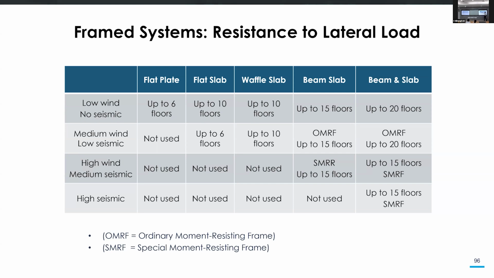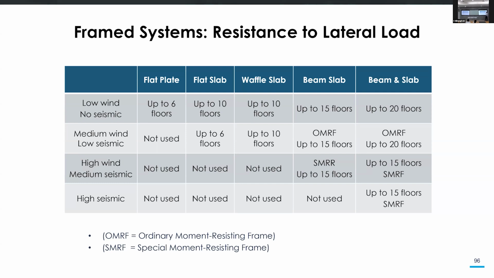So you can see that if there's low wind and no seismic zone, flat plate works up to 6 floors, flat slab up to 10 floors, and then beam and slab you can go up to 20 floors, right? Very light lateral load. If you have a high seismic zone, then these are not even allowed. For high seismic zone, you cannot use flat plate, flat slab, waffle slab, or beam and slab.